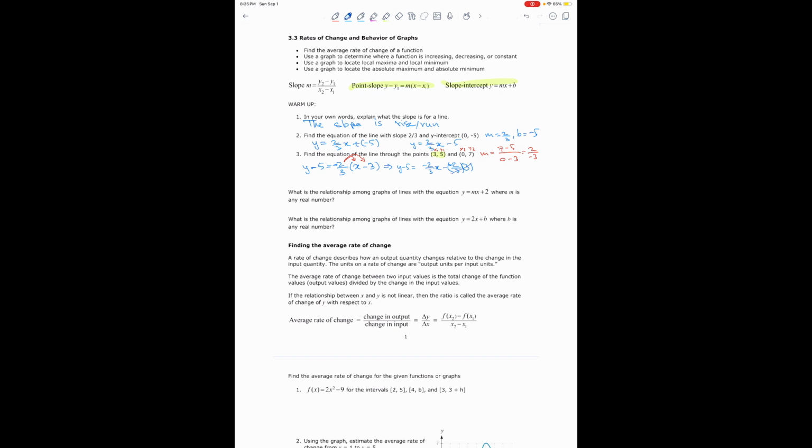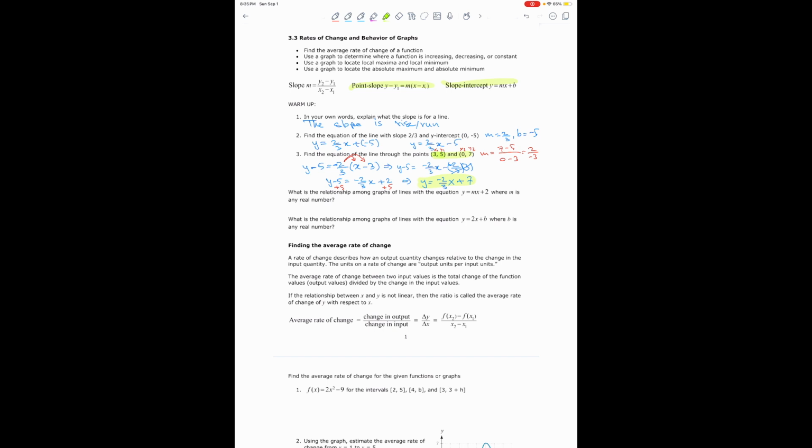These threes cancel, and we have y minus 5 equals -2 over 3 x. Negative times negative is positive, so plus 2. And the final thing is to add 5 to both sides of the equation. So the final answer is y equals -2 over 3 x plus 7. 2 plus 5 is 7, and that is the equation of the line that passes through those two points.